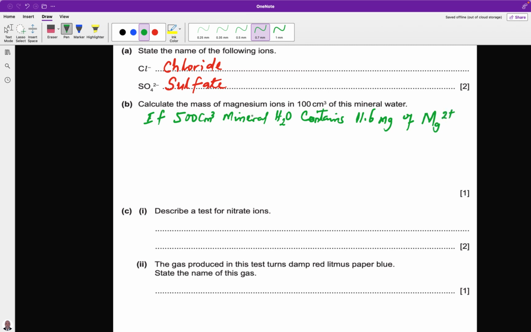Then they say we should calculate the mass of magnesium ions in 100 cm cube.